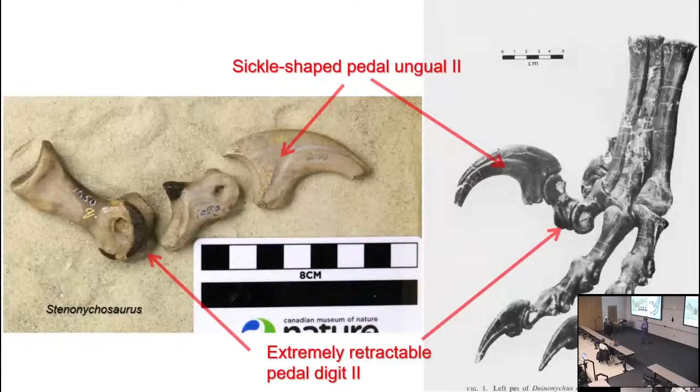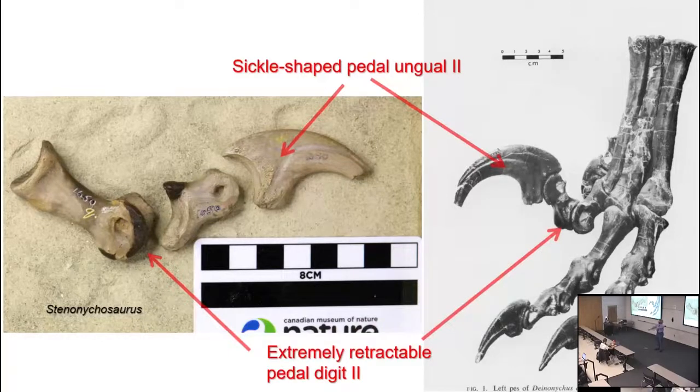So here we see it in a Troodontid on the left and a Dromaeosaurid on the right. And those are the two major clades in Deinonychosauria. So a slashing or sickle-shaped claw on a toe which is comparable to the toes of cats. So by retractable, extremely retractable, we mean like a cat's toe.